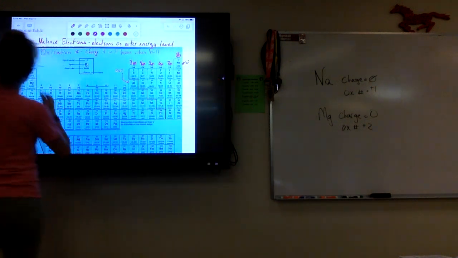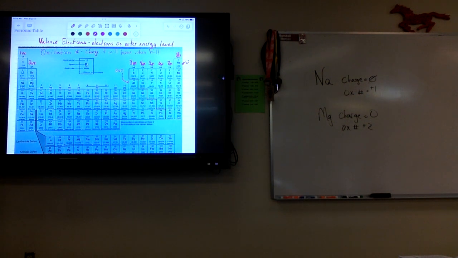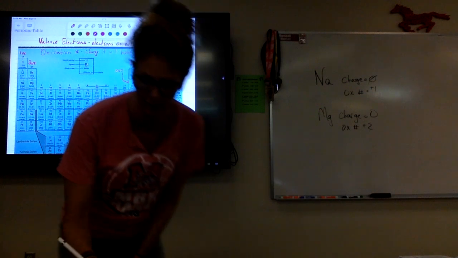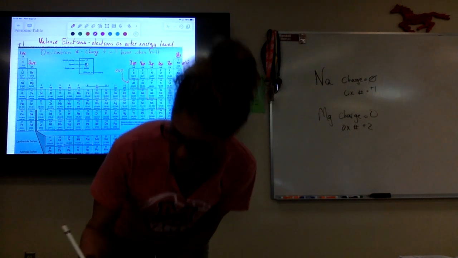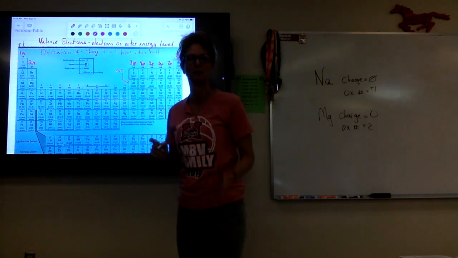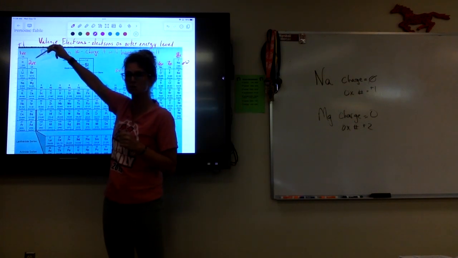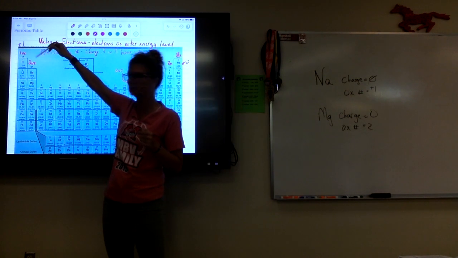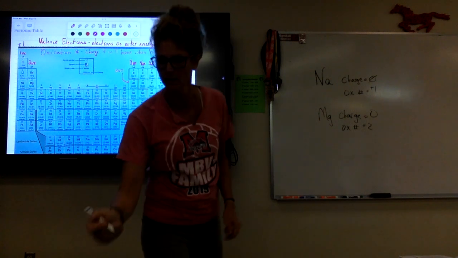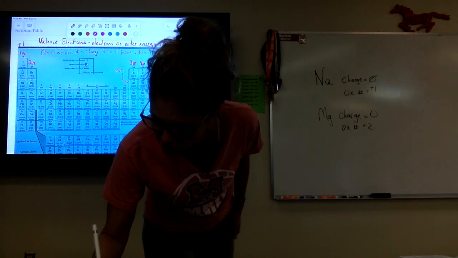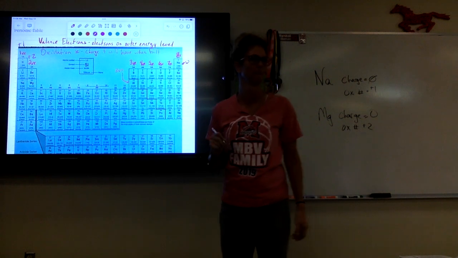We already know that sodium has a +1 oxidation number because it wants to get rid of its 1 valence electron. Well, so does everything else in that column. So everything in that column has a +1 oxidation number. We just saw that magnesium wants to lose its 2 valence electrons to form a +2. So does everything else in that column. Everything in that column has a +2 oxidation number.